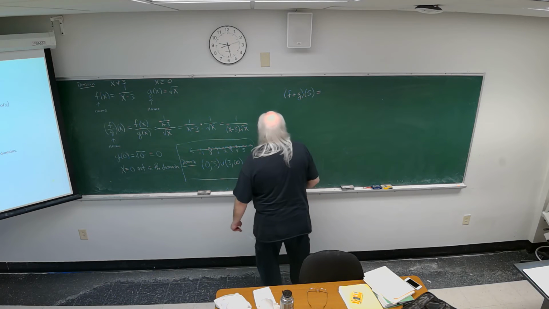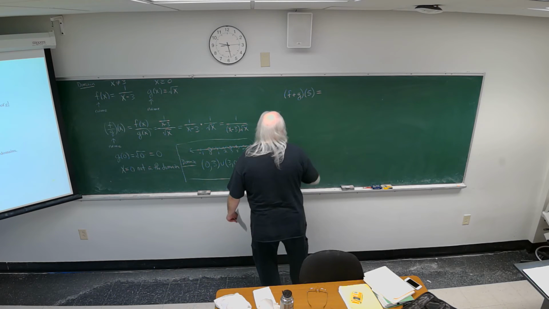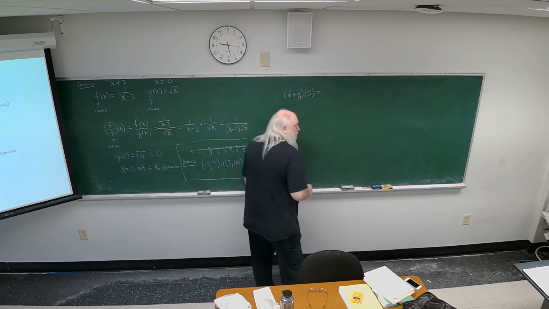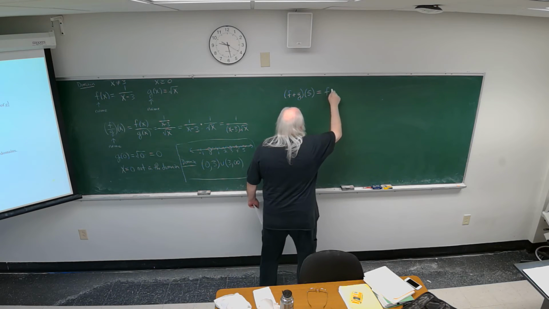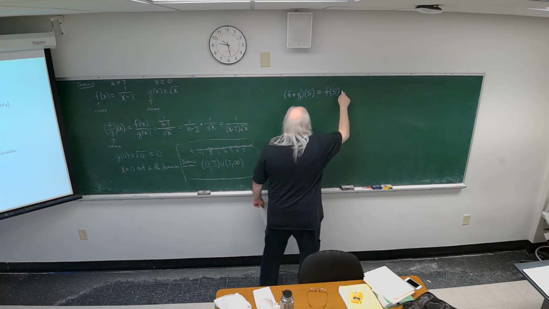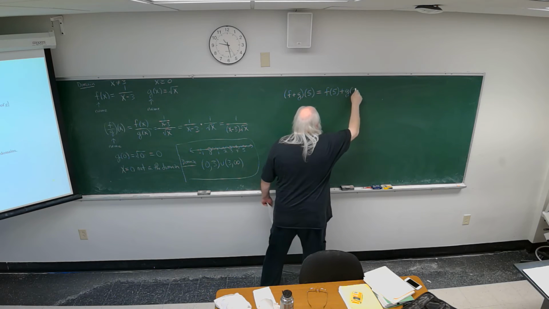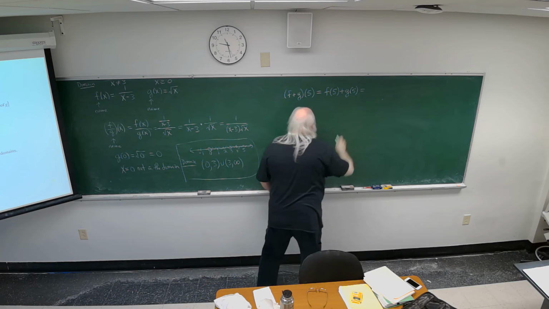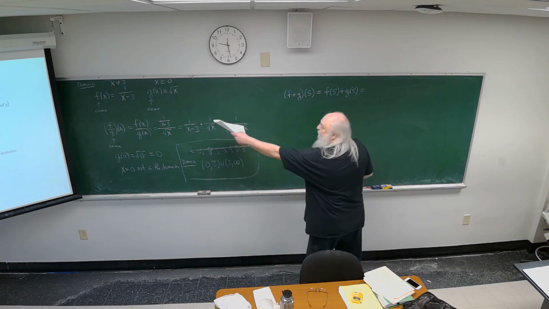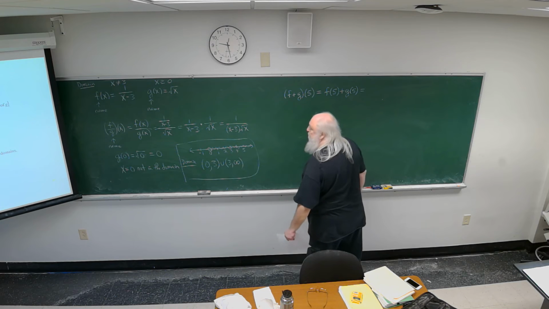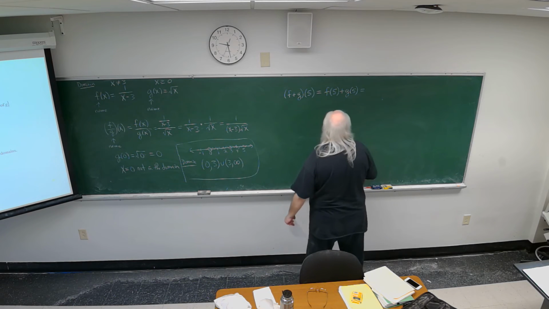So we found f plus g of x, right? That was the first new function we found. So by definition, this is equal to f of 5 plus g of 5. Well, f of 5 is equal to, you know how to evaluate f of 5? You just put 5 in for x on the right hand side of f of x.